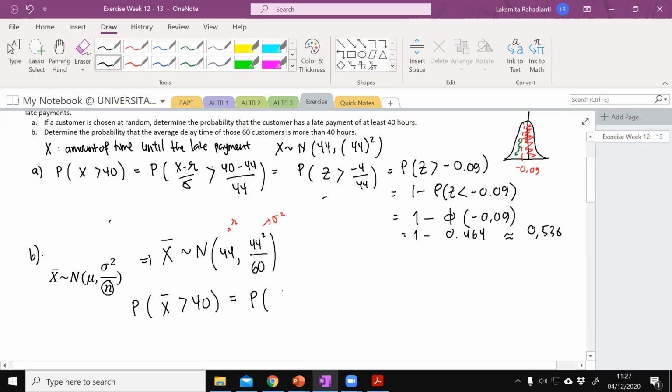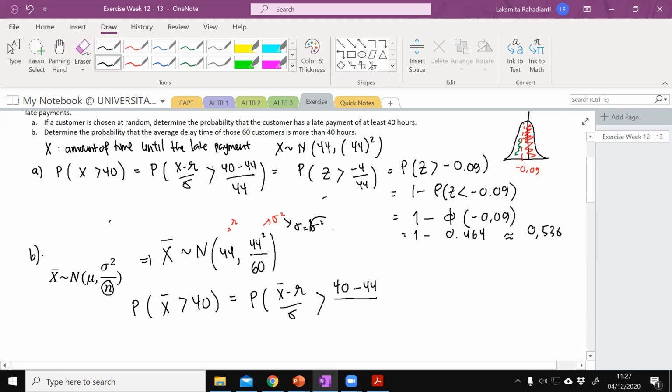Once again, what we need to do first is change this into a standard normal variable. So what I'm going to do first is minus mu, and larger than 40 minus 44, that's my new mu. But my standard deviation now is the square root of that entire thing.